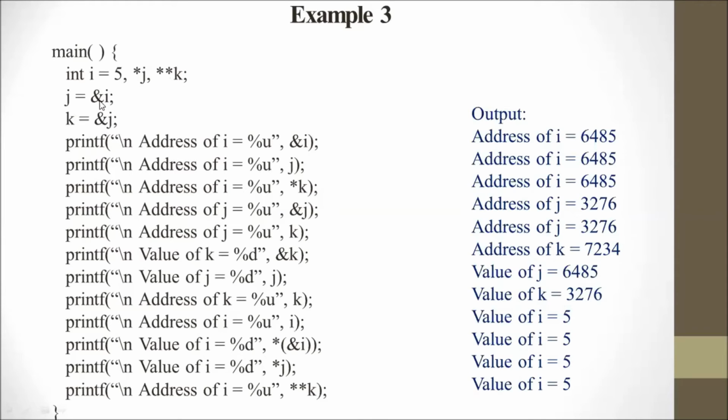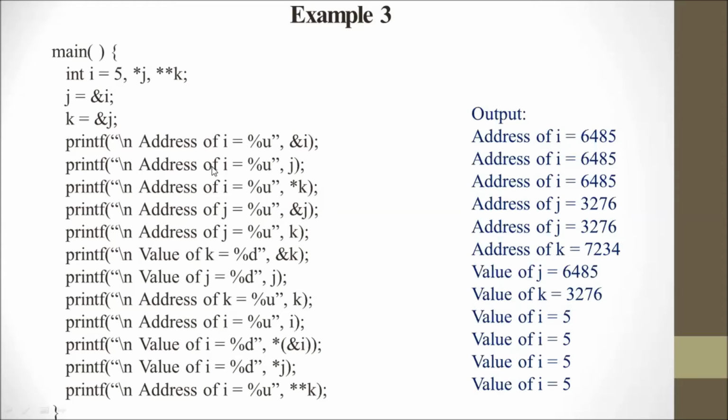So the address of i is assigned to j, and the address of j is assigned to another variable k. We print the address of i in the first statement, address of i equal to unsigned address of i. So the i address will print.